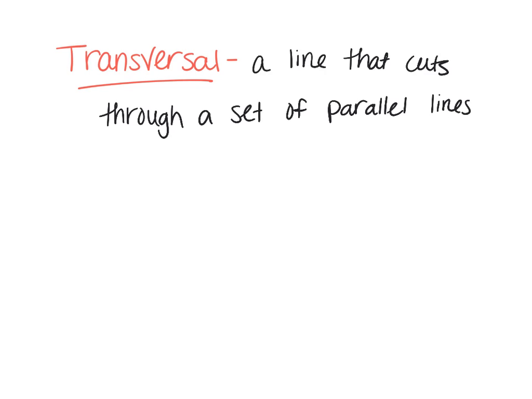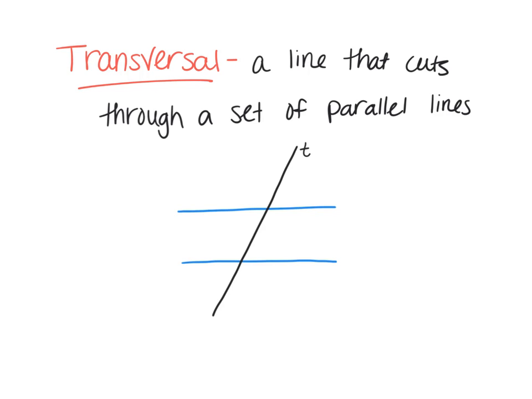First of all, let me start with two parallel lines. My blue lines are parallel, and then I'm going to draw a line just cutting through both of them. This black line I'm going to label as T. That is called your transversal, because it is cutting through the parallel lines.